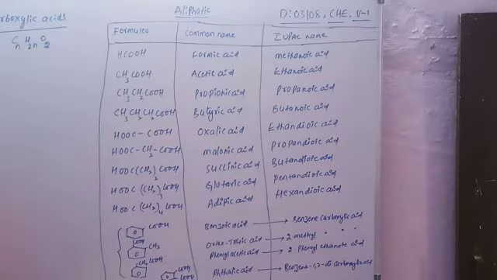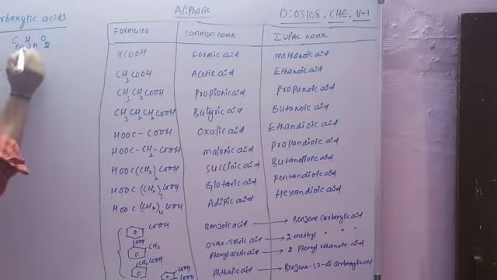So the general formula of the carboxylic acid is CnH2nO2. Okay, so now the carboxylic acid's functional group. It is the general formula CnH2nO2.